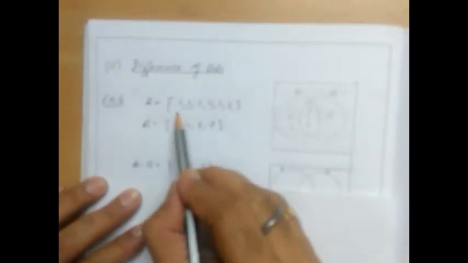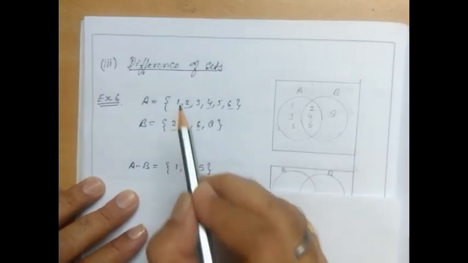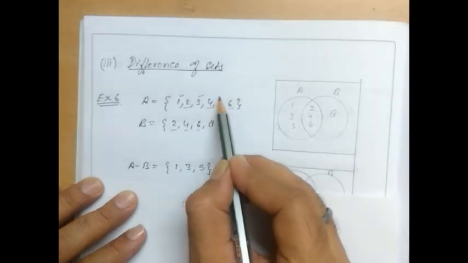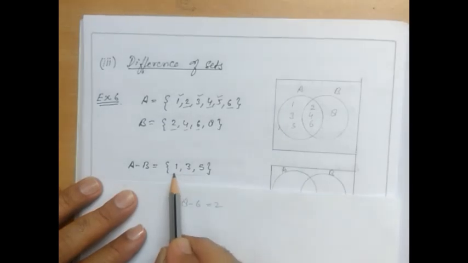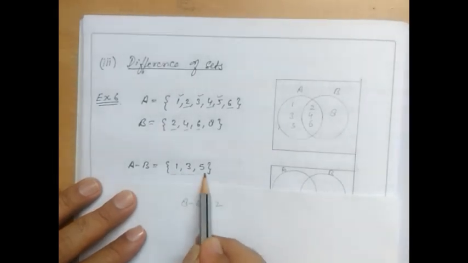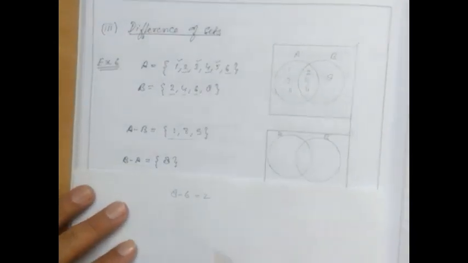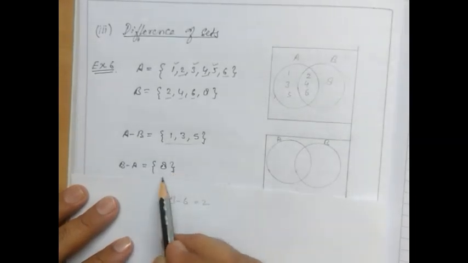So we will write all those elements which are not present in B. We see that 1 is not present, 3 is not present, 5 is not present. So we write A minus B as 1, 3 and 5. Clear?